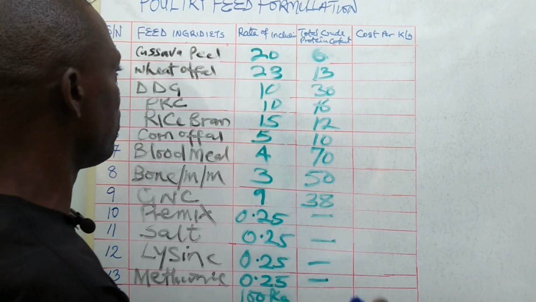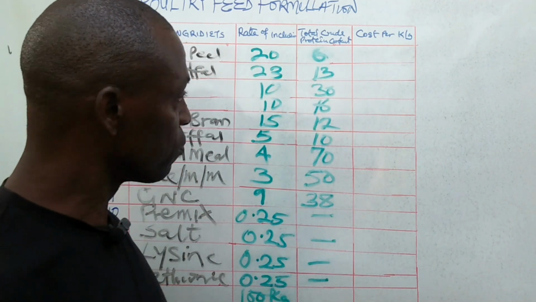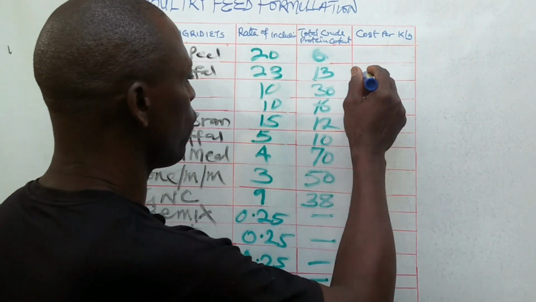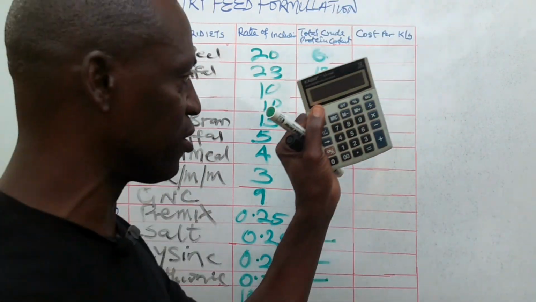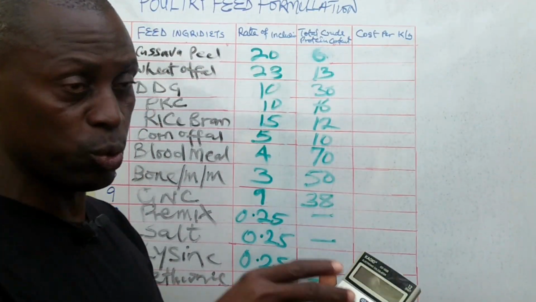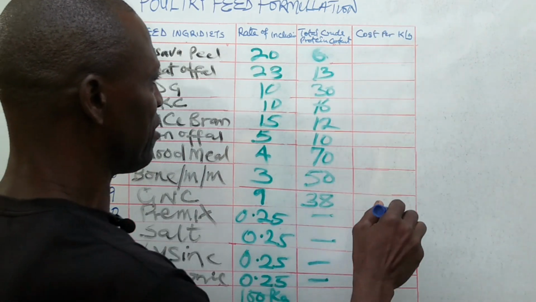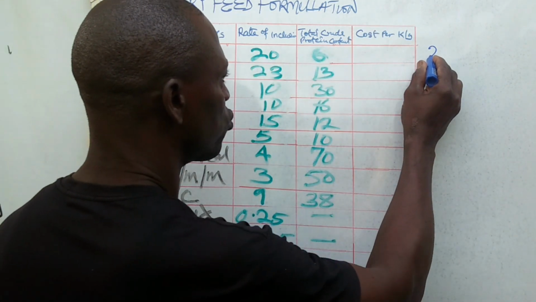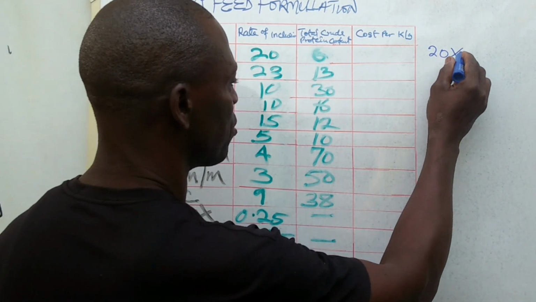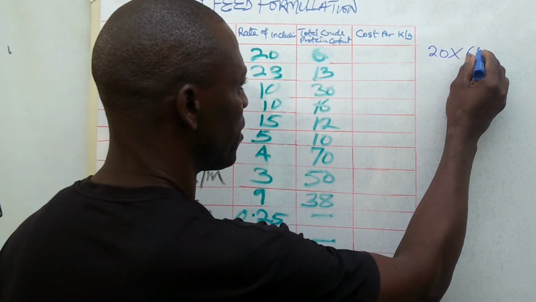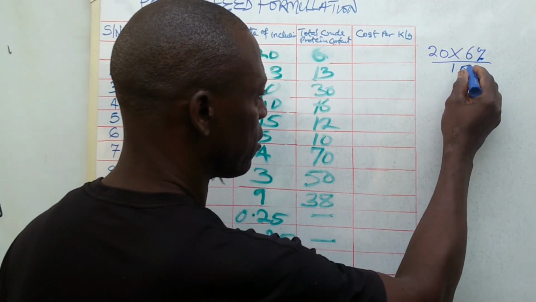Let's get there. Here now we have 20 times 6%. This will give us, here I'm making use of my calculator, you can see it. I want to make use of my calculator so that we can be accurate. Here now we are getting 20 times 6%. That is 20 times 6 divided by 100.